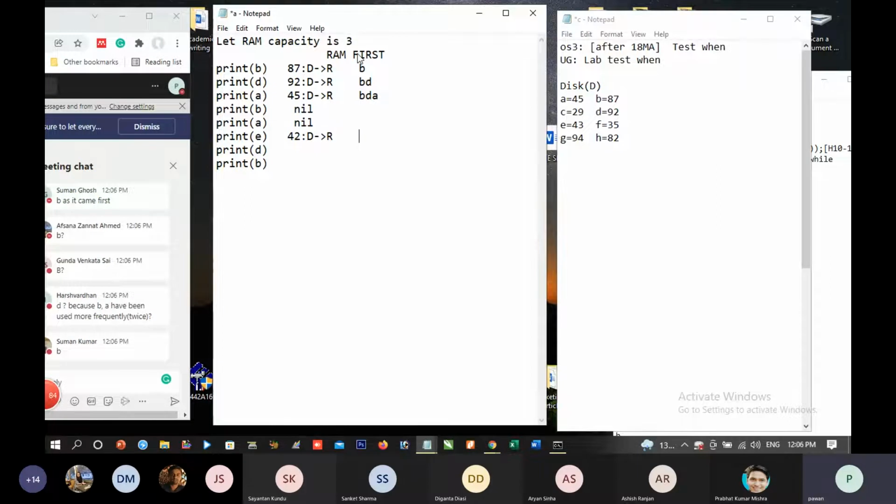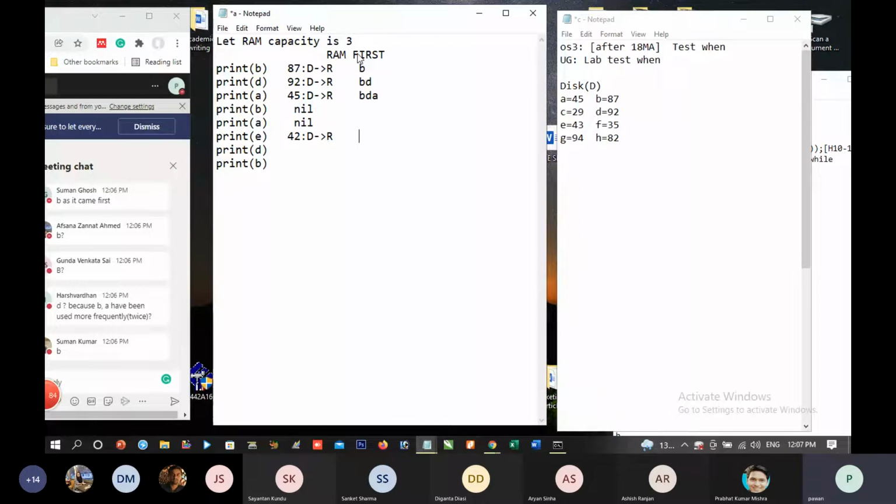This is also one method which Harshvardhan has told. Those things which have been used many times should not be removed, and those things which are very rarely used should be removed. This is one method. Okay.